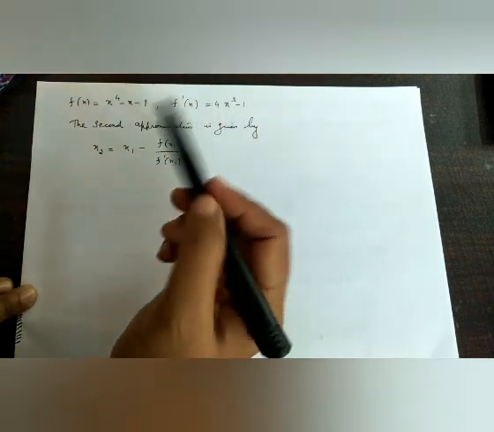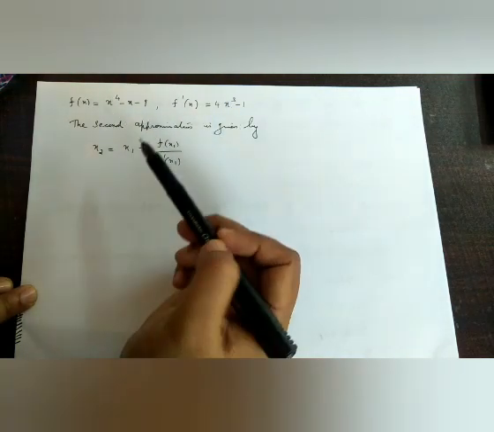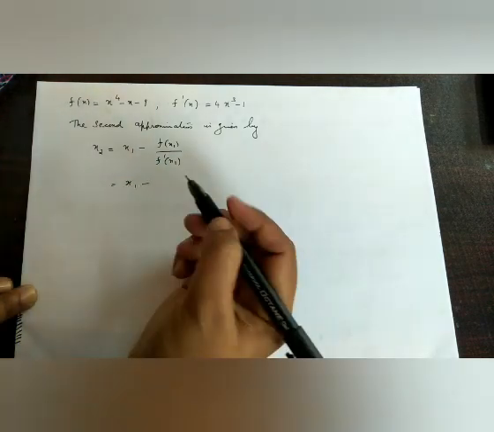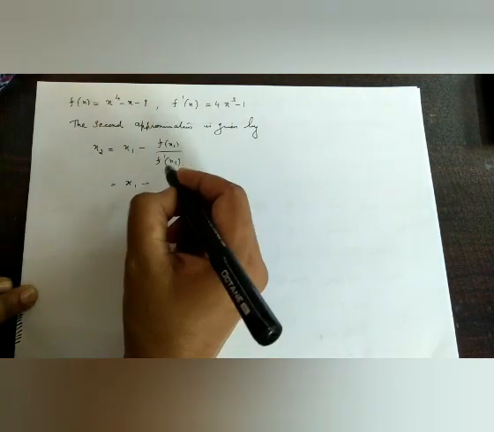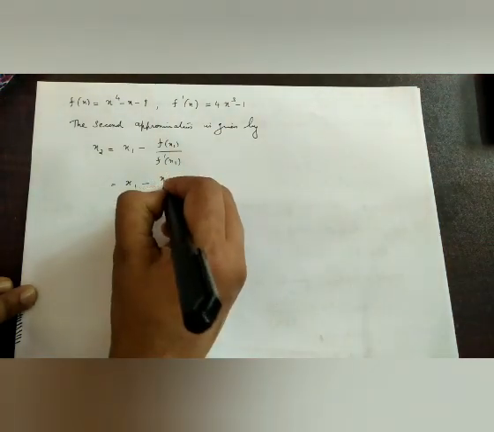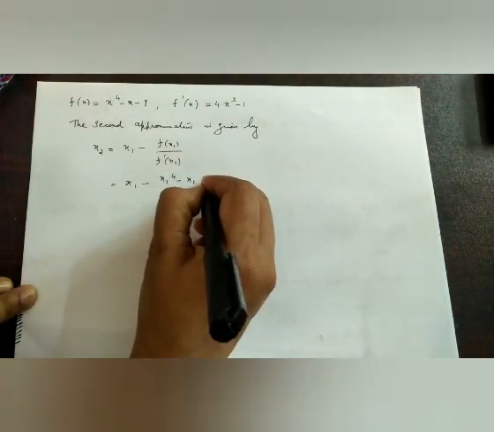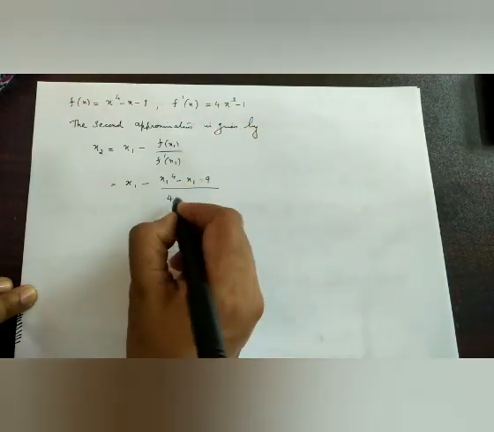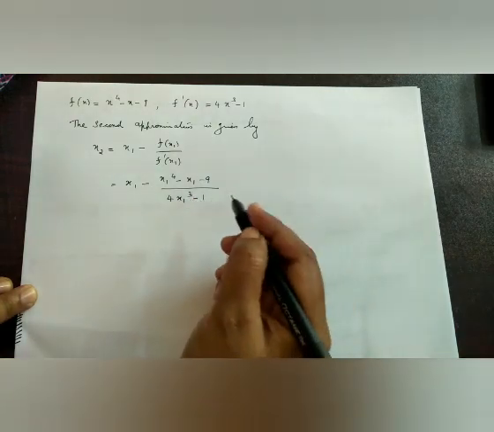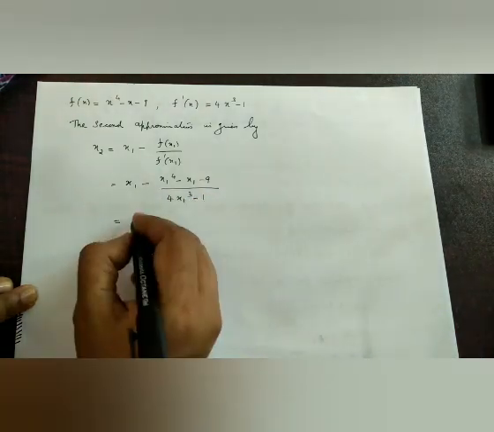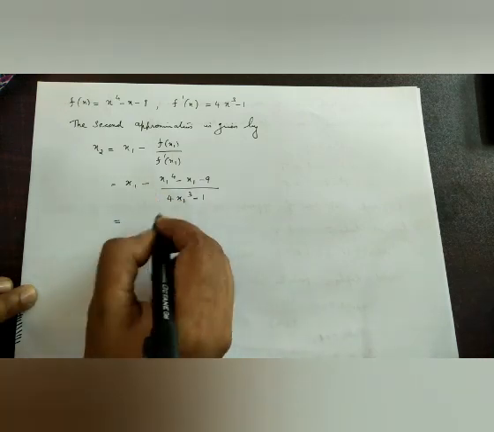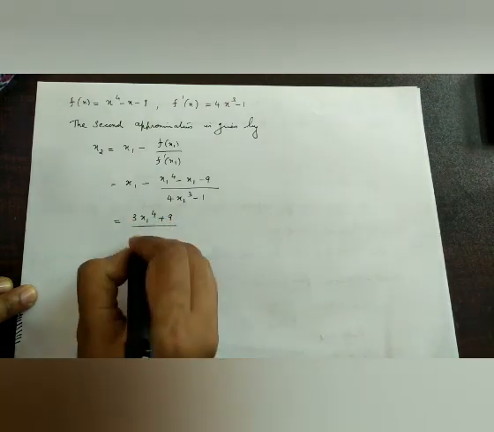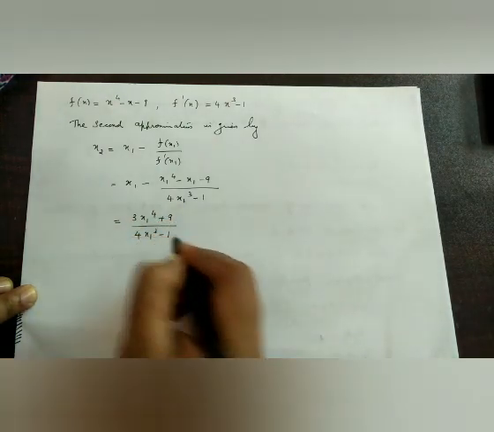Substituting the values of f(x1) and f'(x1), we get x1 - (x1^4 - x1 - 9) / (4x1^3 - 1), which on solving is equal to (3x1^4 + 9) / (4x1^3 - 1).